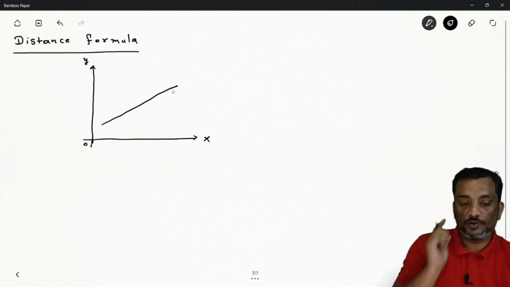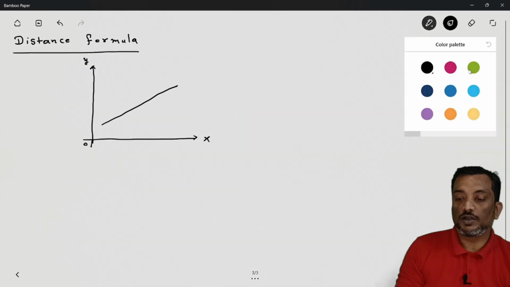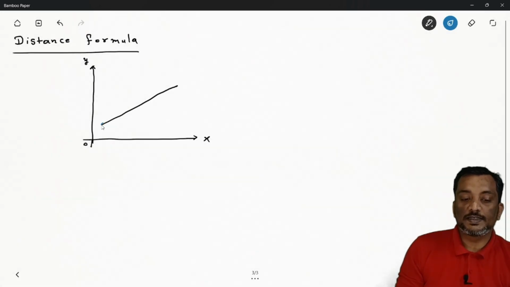Now we are taking a straight line. Here this point is A and this point is B, and both A and B have some coordinates.